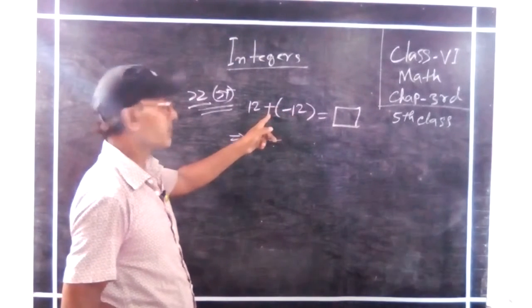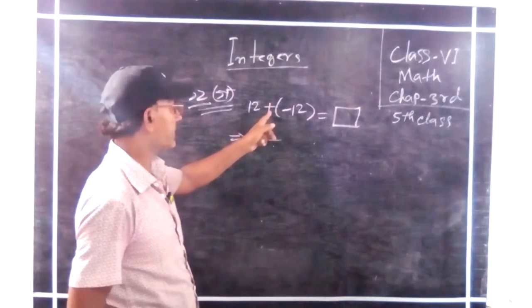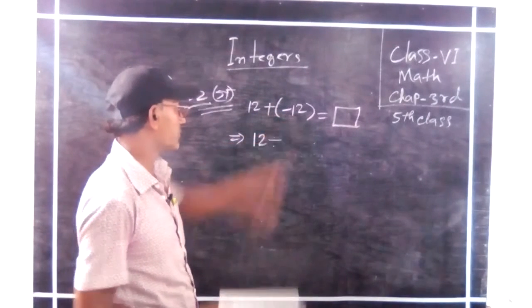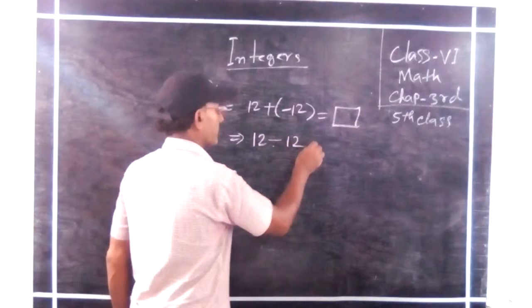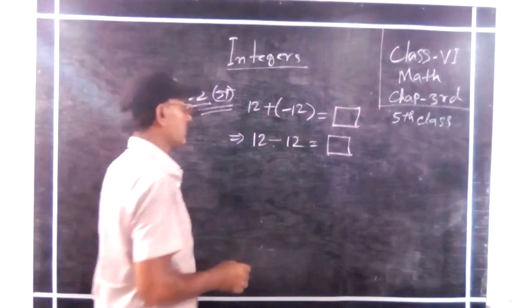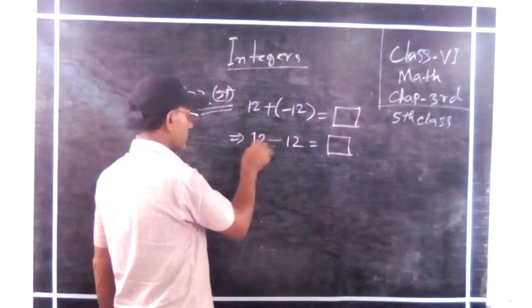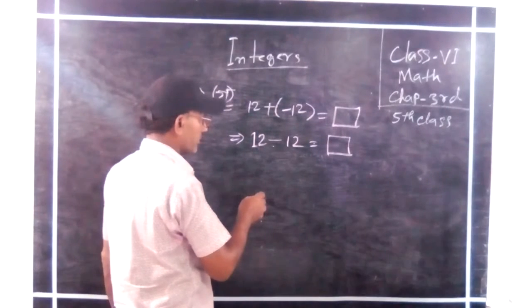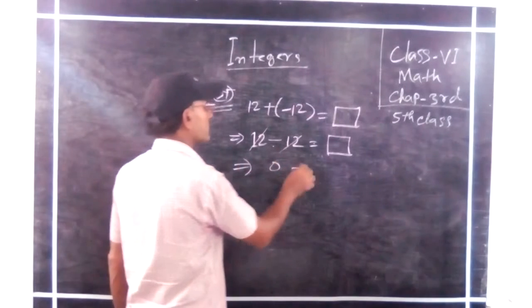That means we can add minus 12 here. Then we can write 12 equal to empty cell. So plus 12 and minus 12, we can write 0 equal 0.